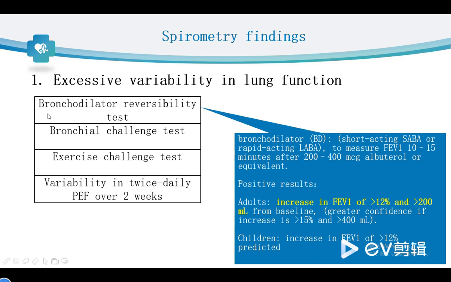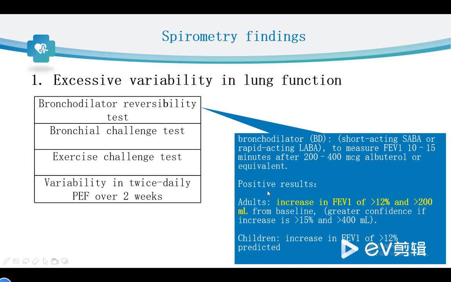Firstly, let's look at the bronchodilator reversibility test. At the beginning of this examination, we ask the patients to do a single spirometry to measure their FEV1. And next, the patients will inhale some short-acting bronchodilators, such as salbutamol.